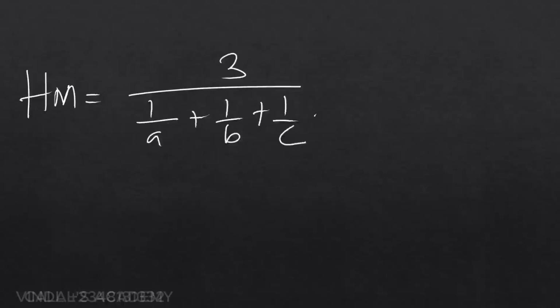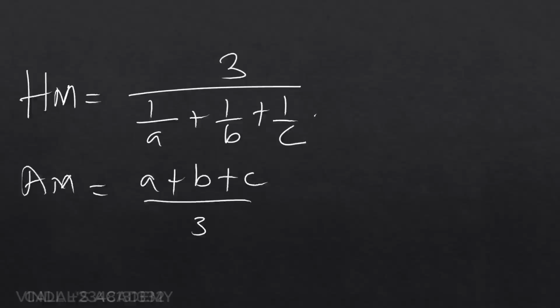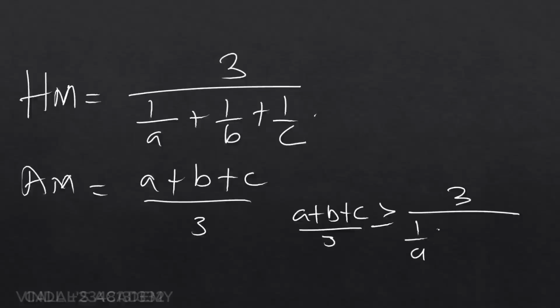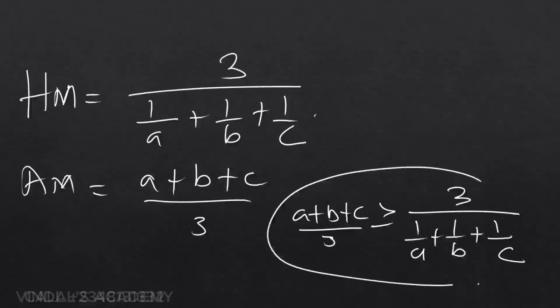Now, we know the arithmetic mean, which is given as AM, is A plus B plus C all over 3. Now, remember that AM is greater than or equal to HM. Therefore, I'm going to say that A plus B plus C all over 3 is greater than or equal to 3 all over 1 over A plus 1 over B plus 1 over C. This is the rule we are after.